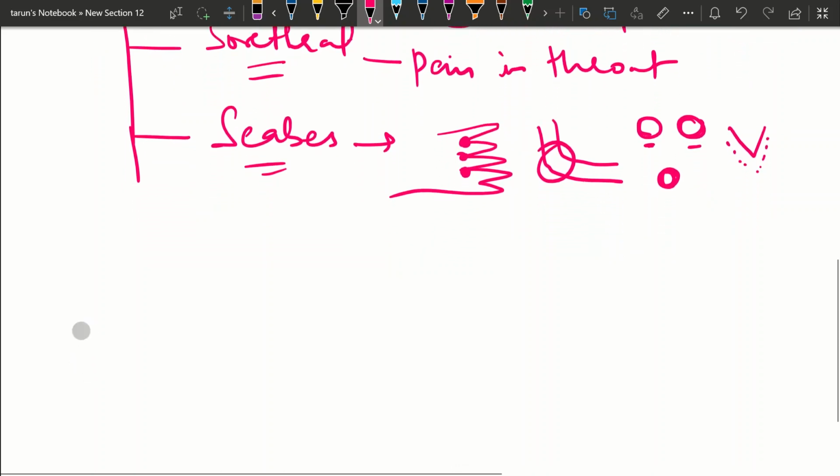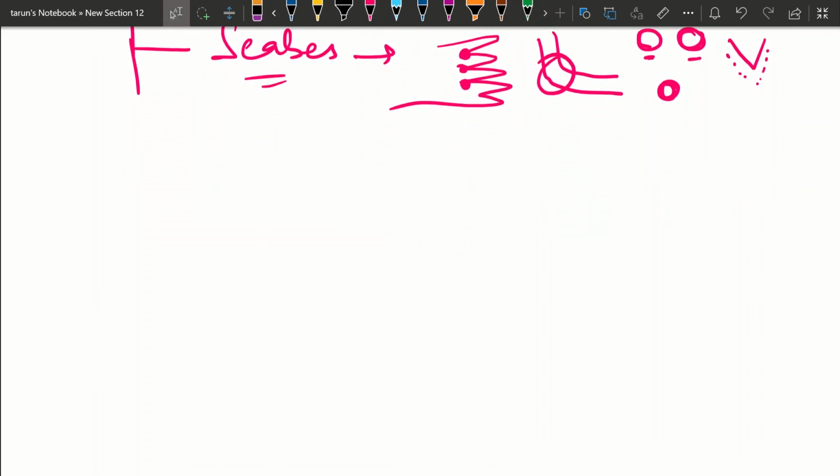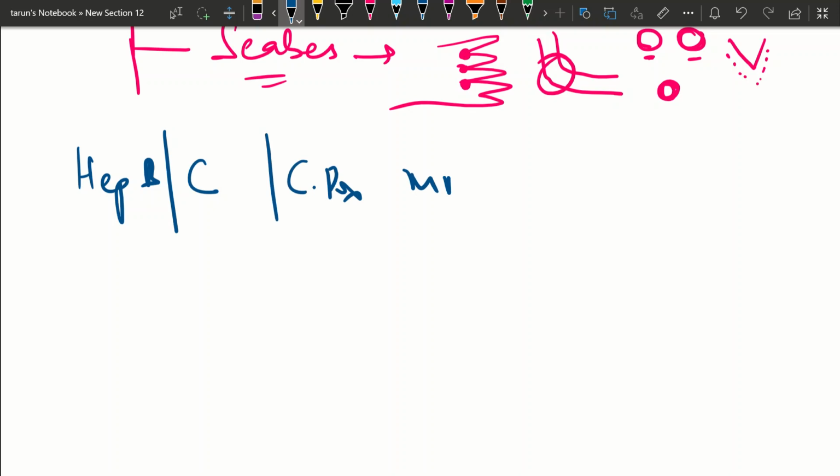Then we have to rule out other infections that can involve the kidney, like hepatitis B, hepatitis C, chickenpox, measles, mumps, and other viral infections. Even drug history is very important.